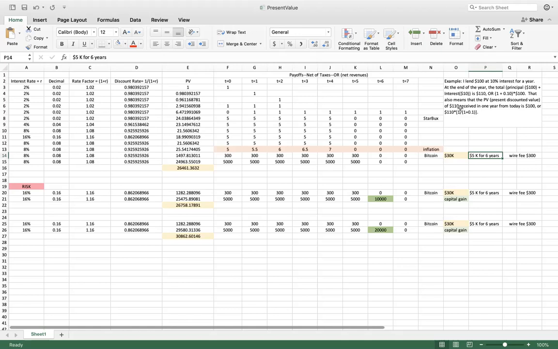The scenario I picked is, let's suppose the user purchases a Bitcoin for $30,000, and their plan is for the next 6 years to transfer $5,000 a year to somebody in another country.